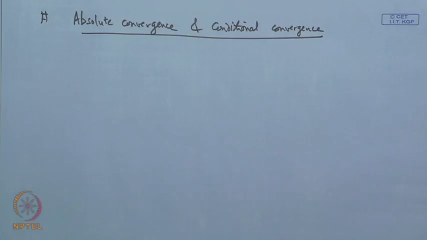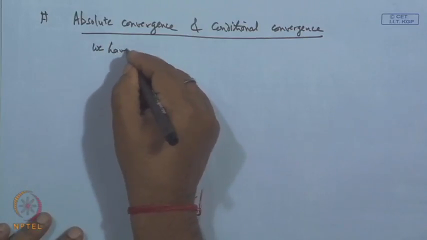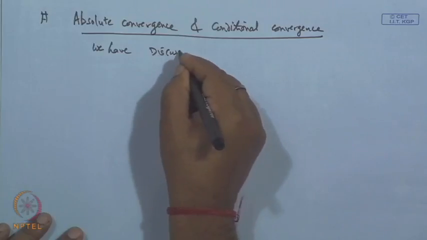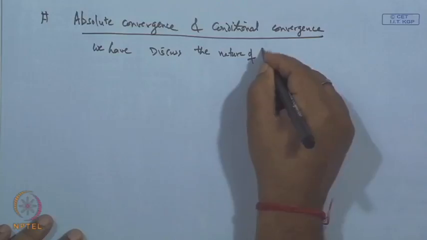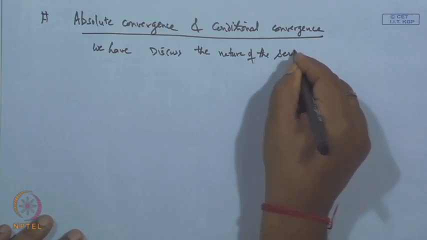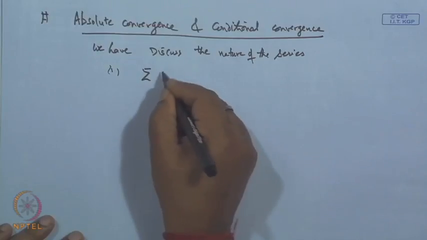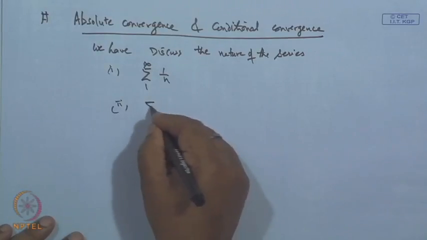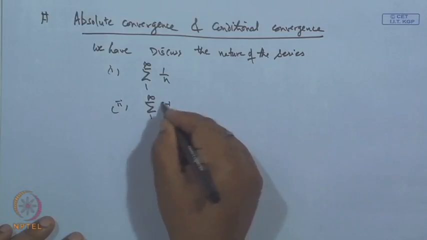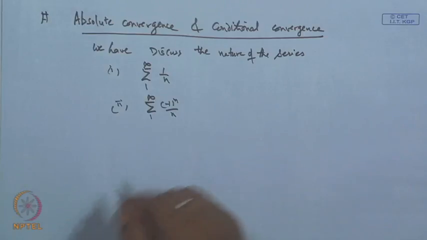Now, we have seen two types of series and discussed the nature of these two series. One is the sum of 1 by n, n from 1 to infinity, and the second one is the sum from 1 to infinity of minus 1 to the power n. What is the difference between these two?